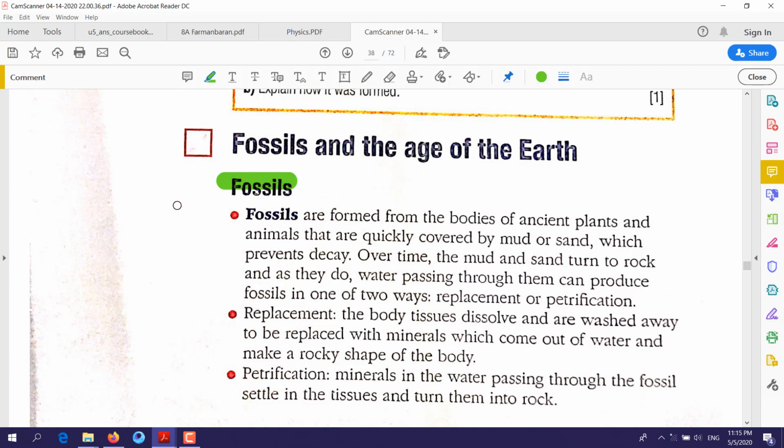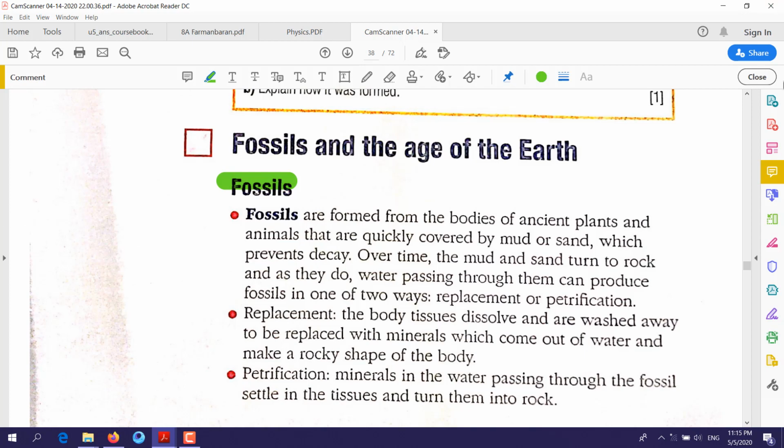What happened here? When any living thing dies, if the dead body of this organism is covered with sand or mud, what will happen? This body will turn into a fossil before it starts to decay. Then it's like how they estimated the age of Earth.